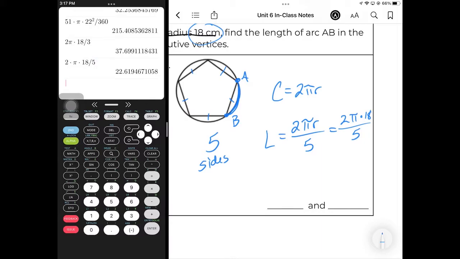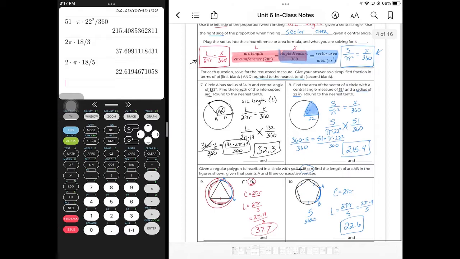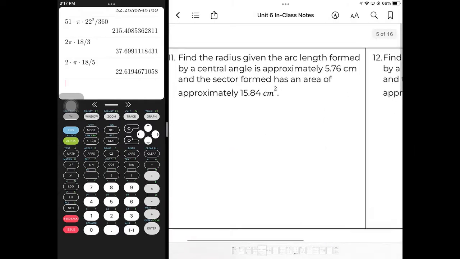So this time, my arc length is 22.6. Okay? All right, we are getting real close to done. We've just got a couple examples left, so let's finish these up.